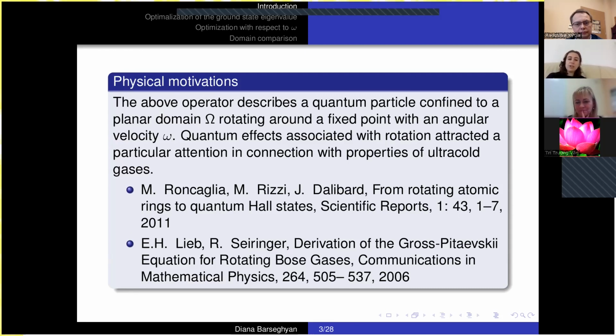This operator also appears in connection with the properties of ultra-cold gases, so it has some physical motivation. There are two papers written here, Aftalion, Mason and Wei, and Lieb and Seiringer. So there are at least two papers where this operator appears in connection with the physical properties of ultra-cold gases. Therefore, it has some physical motivation.